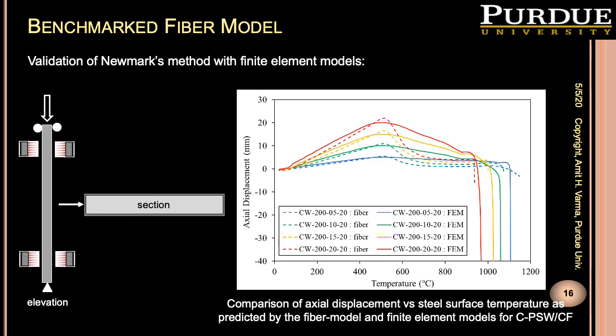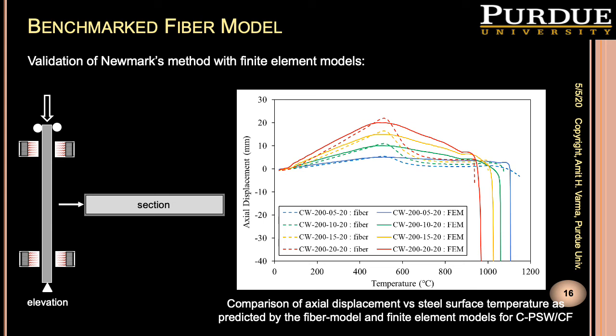For further comparison, the axial displacement curves obtained from the fiber model and finite element models were also compared for composite plate shear walls. The slide shows the plots for axial displacements versus time. It's evident from the graphs that there is reasonable agreement between the results of the finite element models and the fiber-based model.